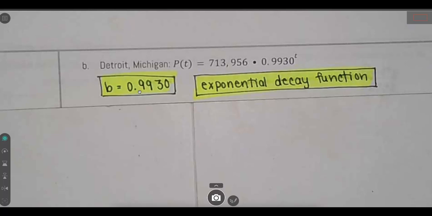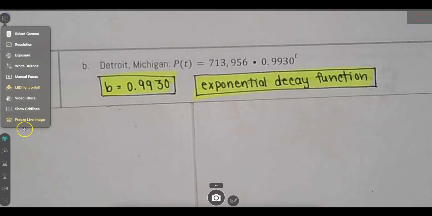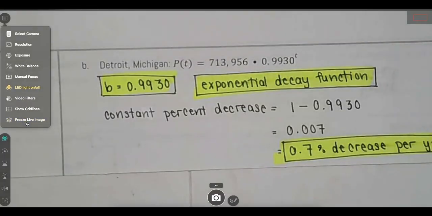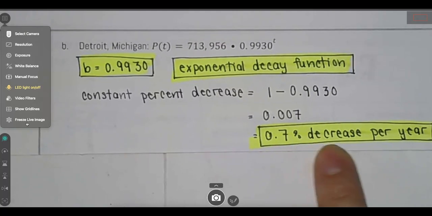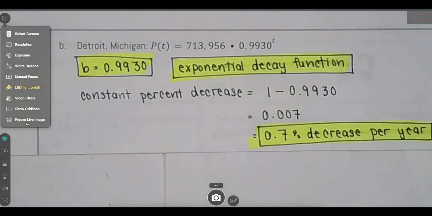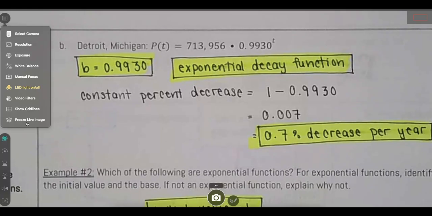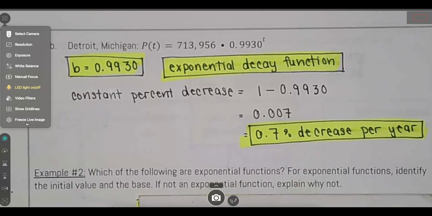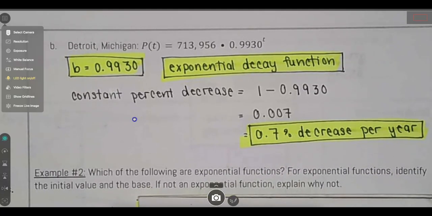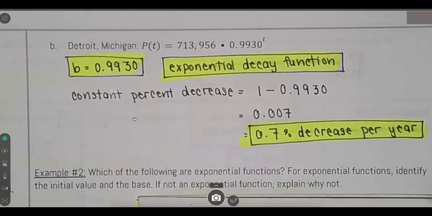I thought this would be hard. All right, here is the answer. Because it's decreased, we are subtracting from 1. We get this. Written as a percent, it's 0.7% decrease per year. Any questions on B?